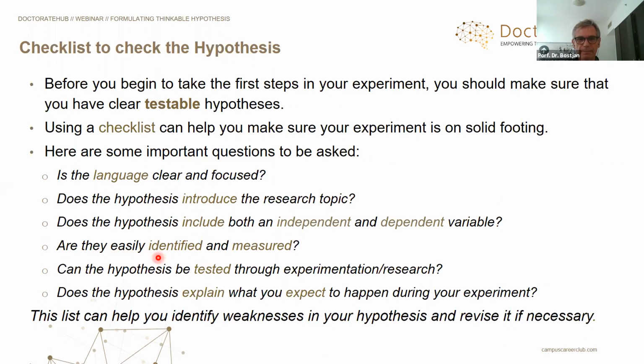Extremely important, as we said: can those independent and dependent variables be easily identified and measured? If you cannot measure your independent and dependent variables, then you will not be able to test them.